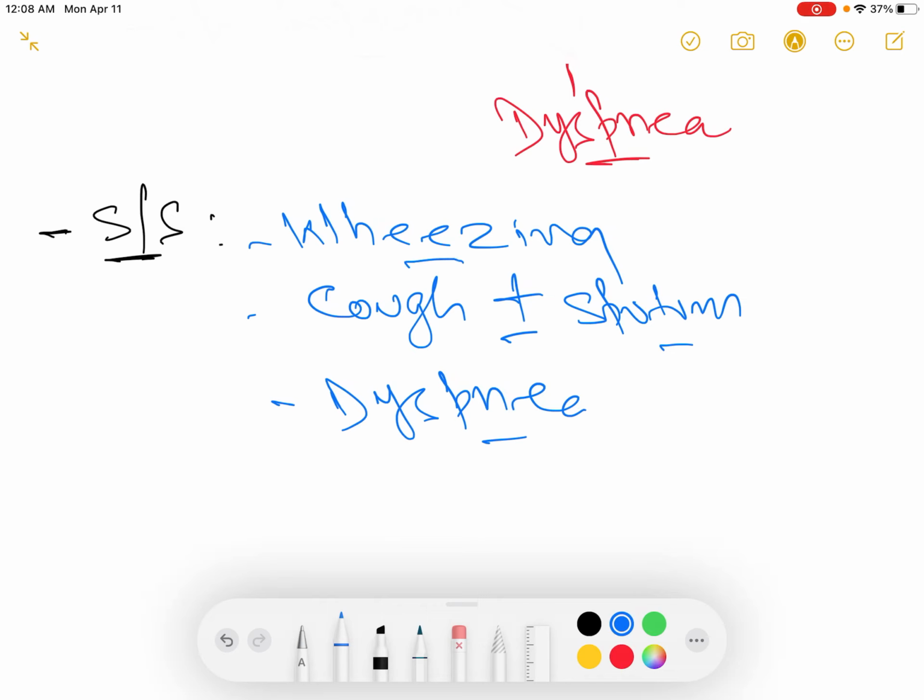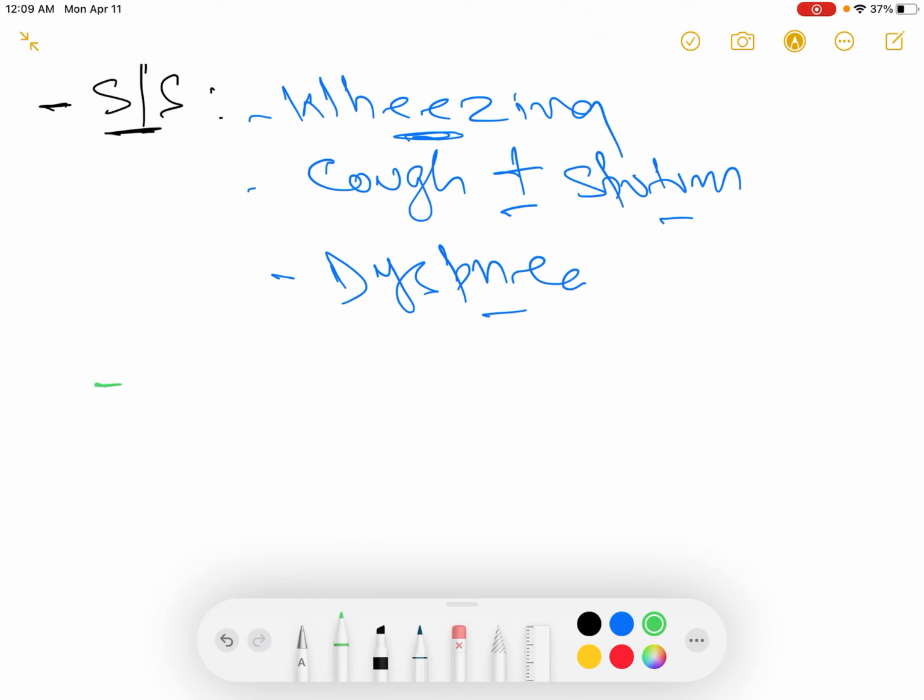Something about wheezing that we should talk about. Somebody started saying that if you are wheezing, that means you have asthma. Well, that's not true. Not all wheezing is asthma. There are a number of other diseases that have wheezing and that's not your asthma. For example, PE, pulmonary embolism.